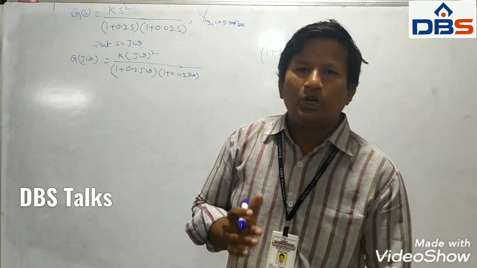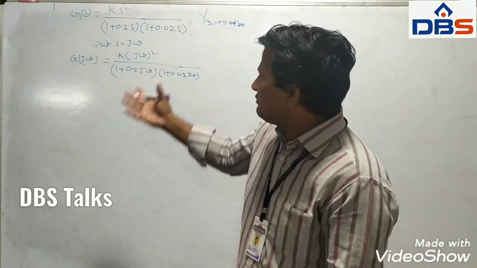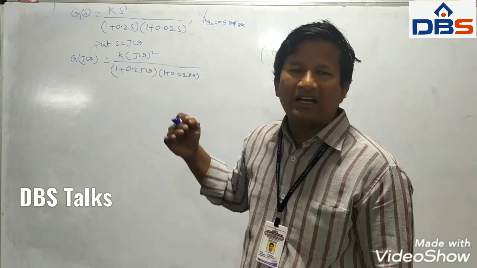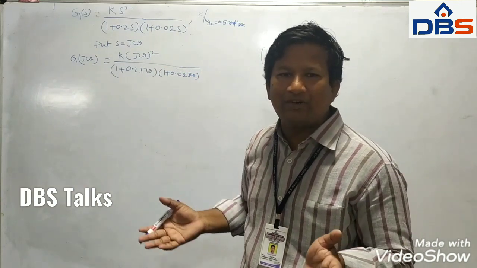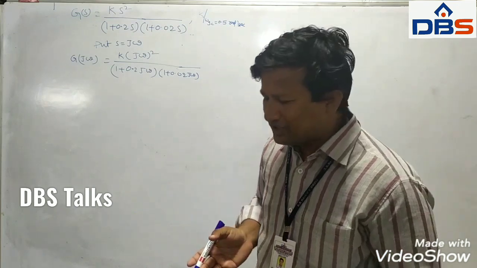Now we have to determine the corner frequencies first. Corner frequency means 1 by T, and the 1 plus sT form is already there. So omega c1 equals 1 by T1, omega c2 equals 1 by T2.